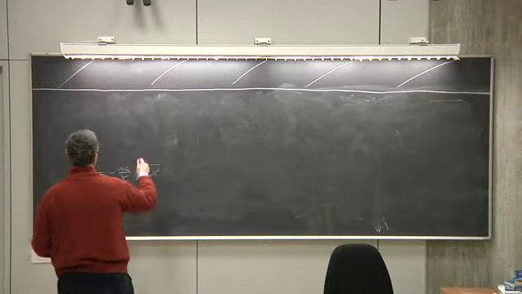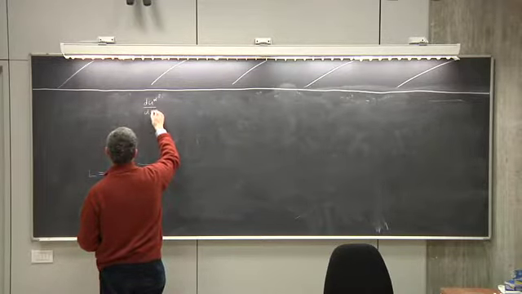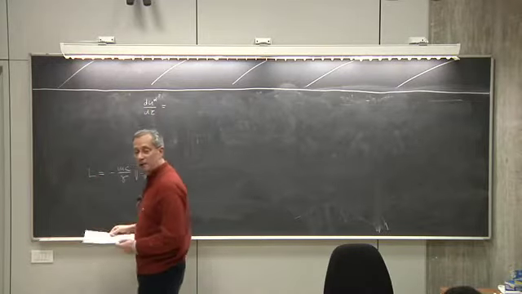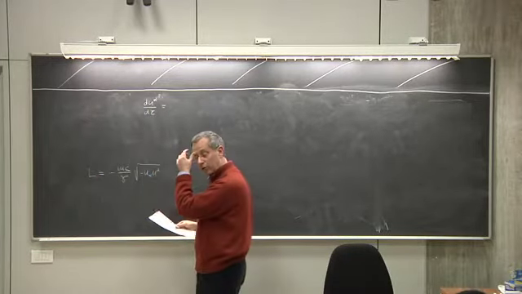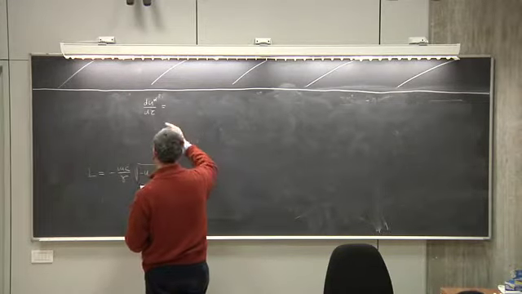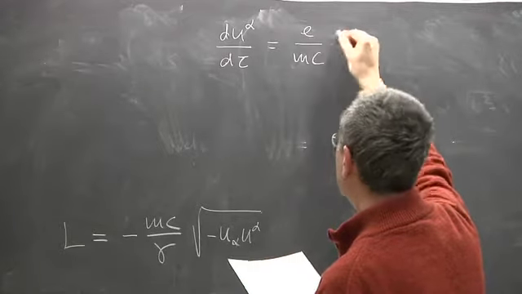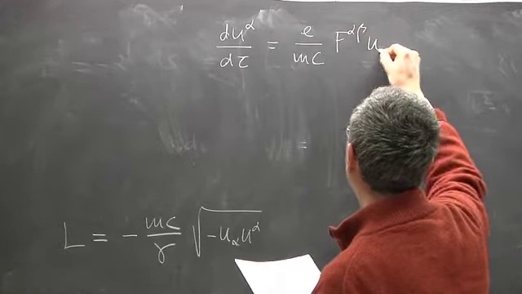And then you have to remember what we wrote the other time, that the acceleration of a charged particle, the Lorentz force, can be written in this form here, F alpha beta u beta.